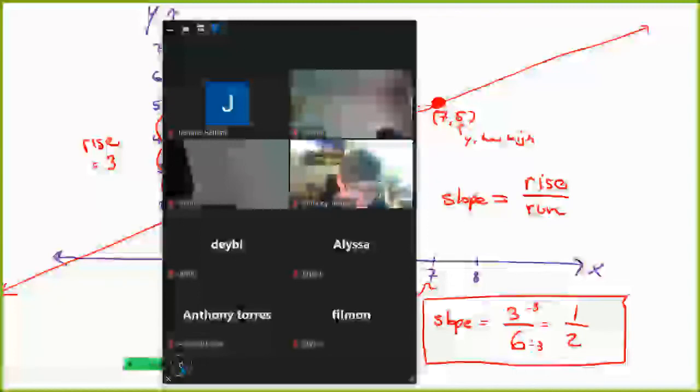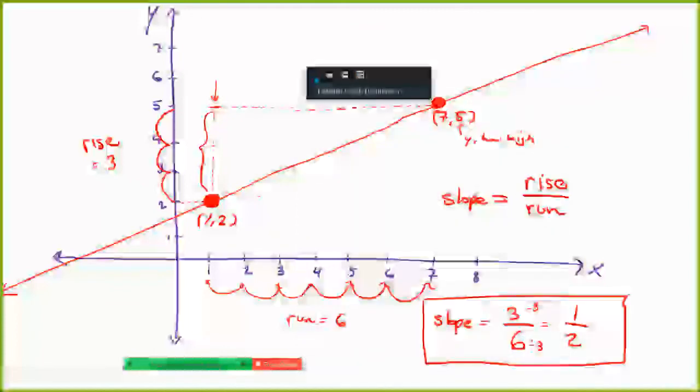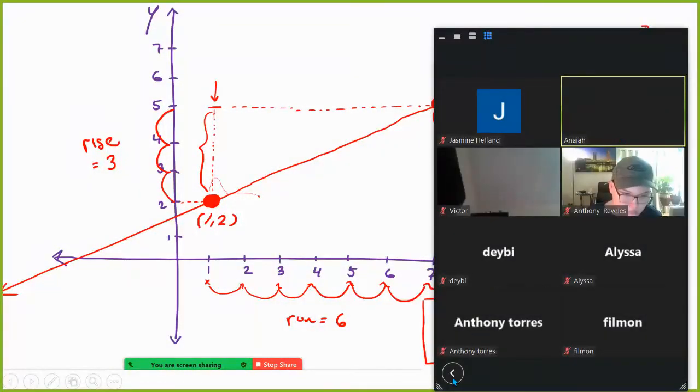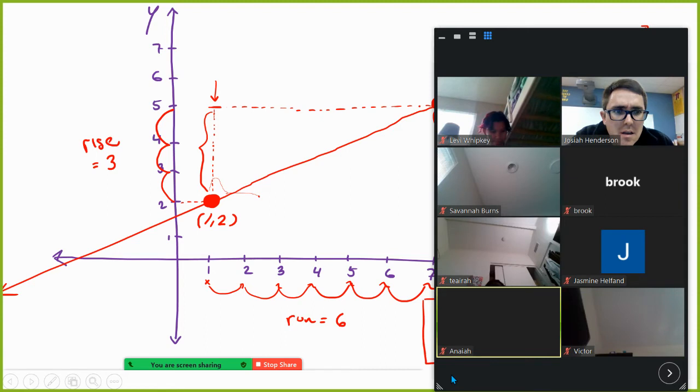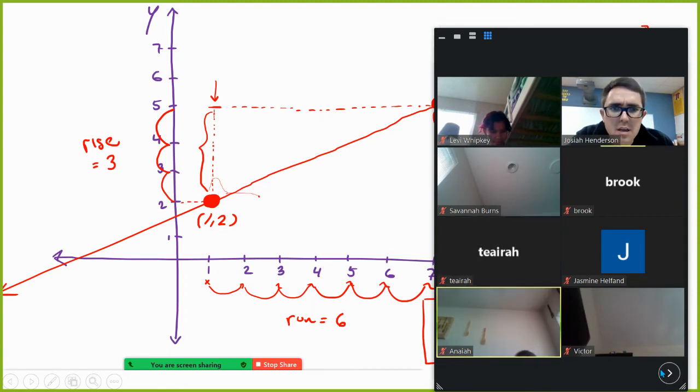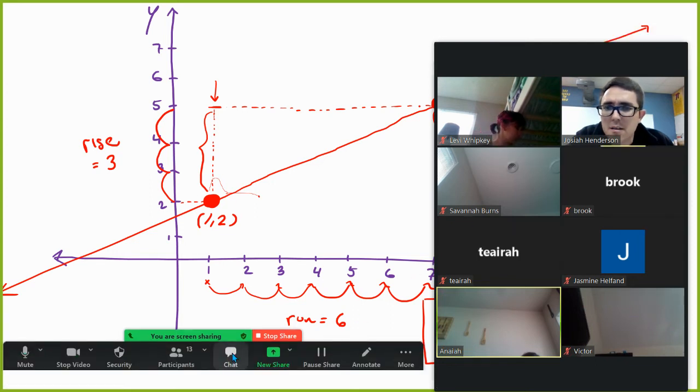All right. Then you know what you need to do right now, if you haven't done it yet, is take a picture of this page. I'm going to get my thing out of the way. Yep. Sorry, Anaya. You're a little choppy. Go ahead and chat me.